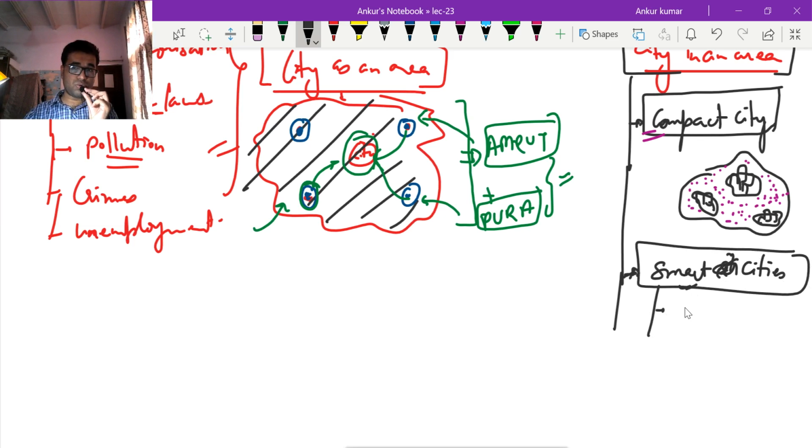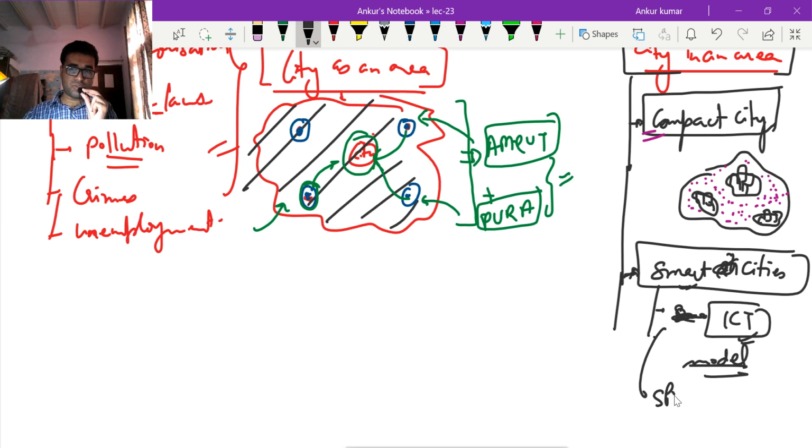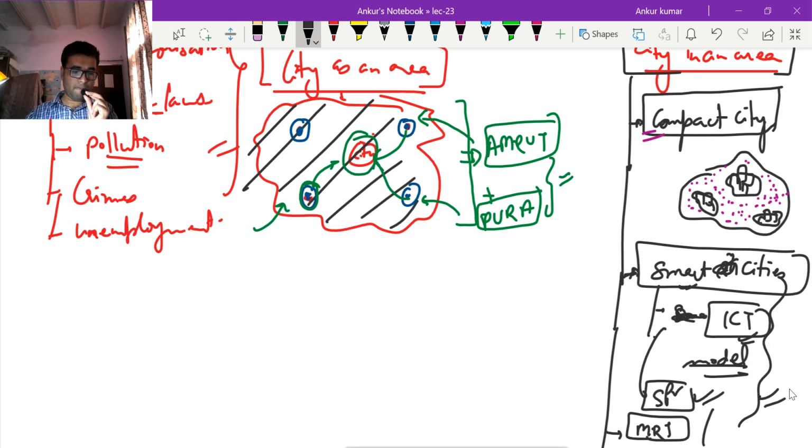These smart cities are based on the principle of the ICT model, and a special purpose vehicle is executing this smart cities project. Along with this you provide mass rapid transit services, proper service delivery, and digitization of municipal services. All this is being done in the smart city model.